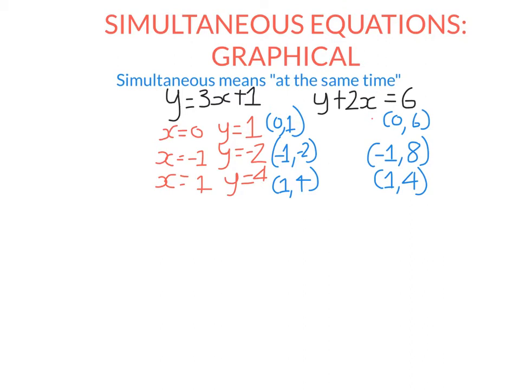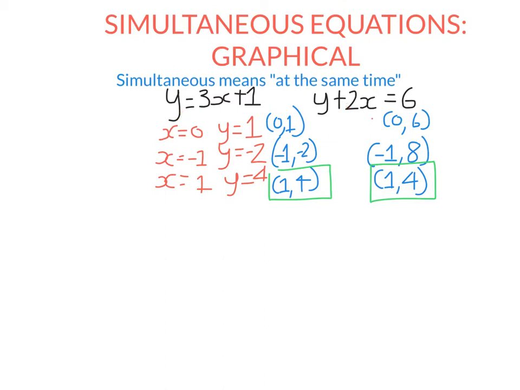But it turns out there is one solution that will solve this equation and also this equation. And that's the one we just found, 1, 4. X equals 1, y equals 4 solves both equations at the same time. None of these other solutions solves both equations. For example, 0, 6 is a solution to this equation, but it's not a solution here.